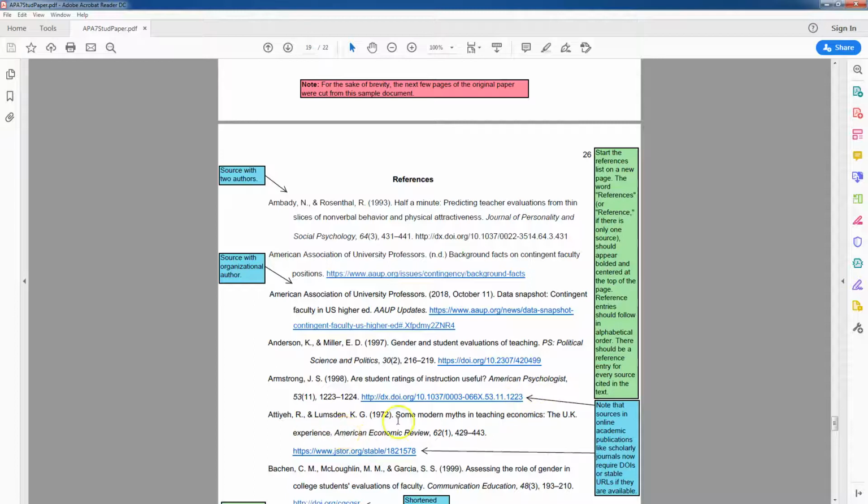So you see that the title of the article is not in italics, but what is in italics is the name of the publication, with capital letters for each of the parts. American Economic Review. That's the name of the publication. The journal name is American Economic Review.